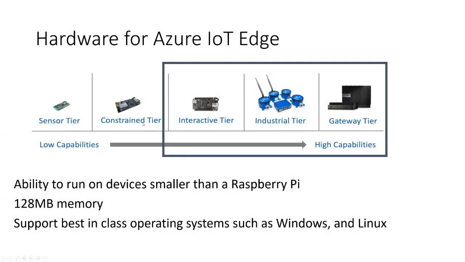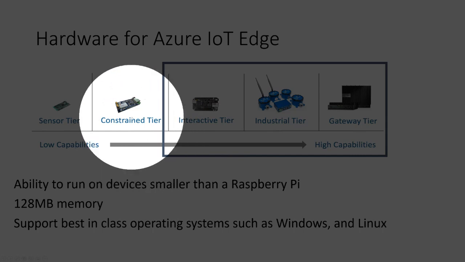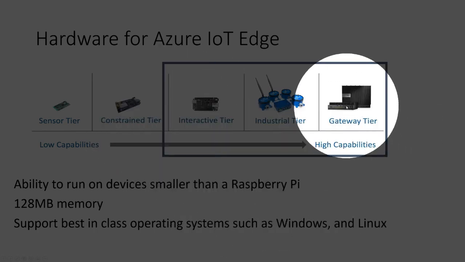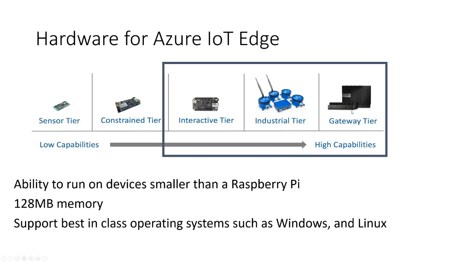All right, and as I mentioned on this particular slide, the devices could be at a constrained level of device capabilities, with very small amounts of memory and compute, such as a Raspberry Pi, up to very high-end industrial PCs running machine learning applications locally.